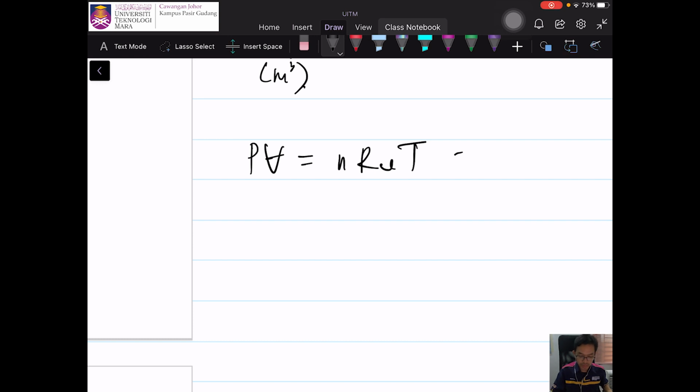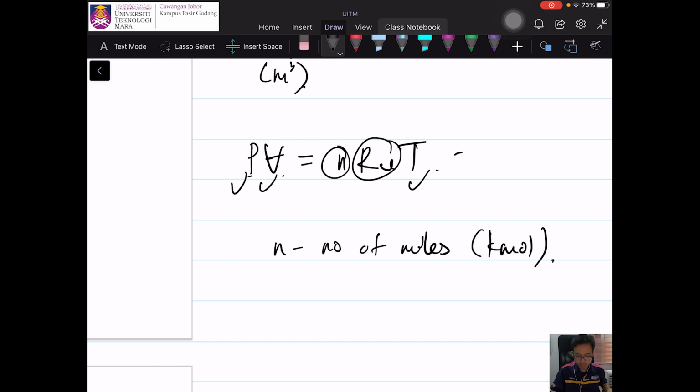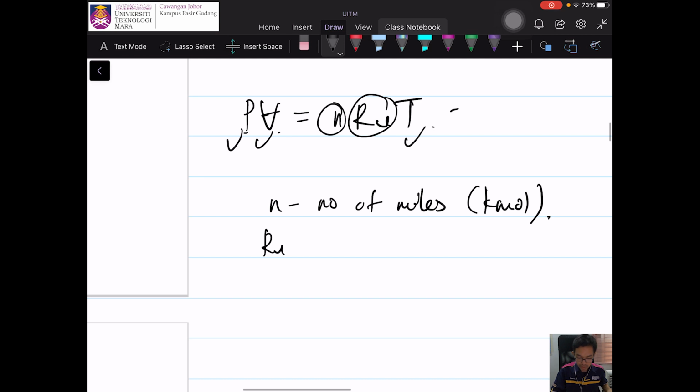The pressure is still the same, V is still the same, temperature is still the same. The only difference is N and Ru. N is the number of moles, so the unit can be mole or kilomole, and this Ru we call the universal gas constant.